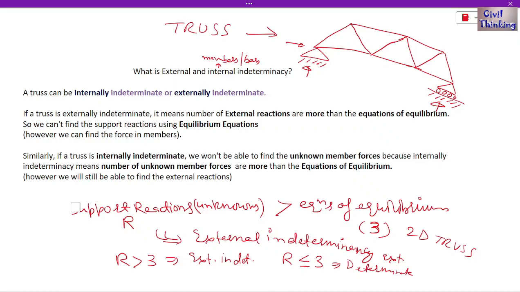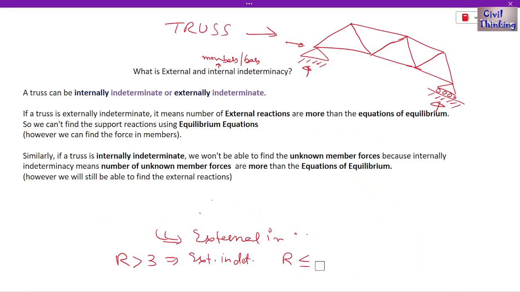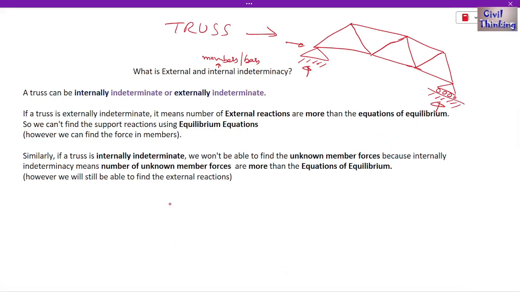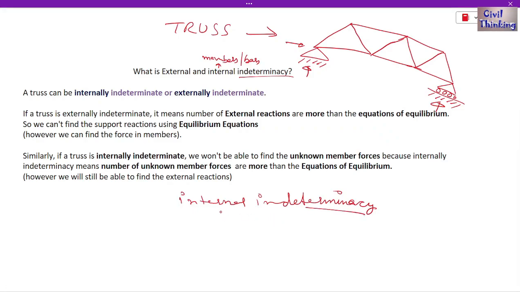Let me erase this first. Now let us talk about internal indeterminacy. Anyways, what is internal indeterminacy?